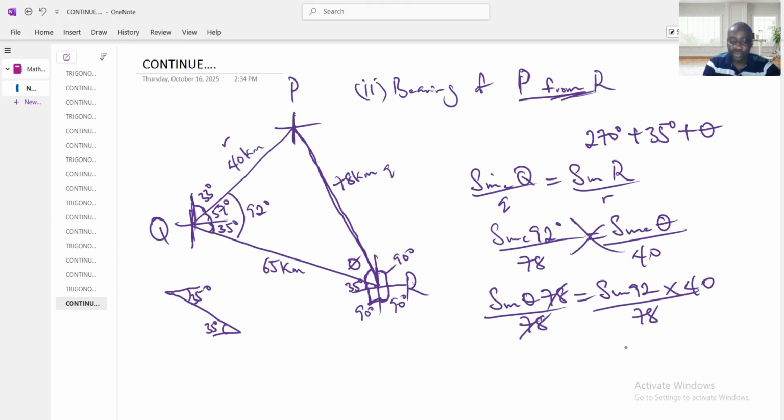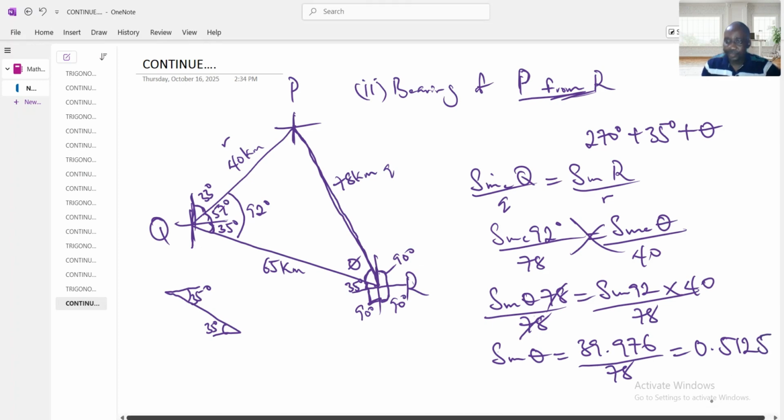It's going to give us 39.976. Write it out here. Sine theta equals 39.976 divided by 78. When we divide it by 78, it's going to give us 0.5125. Now we are trying to look for the angle.